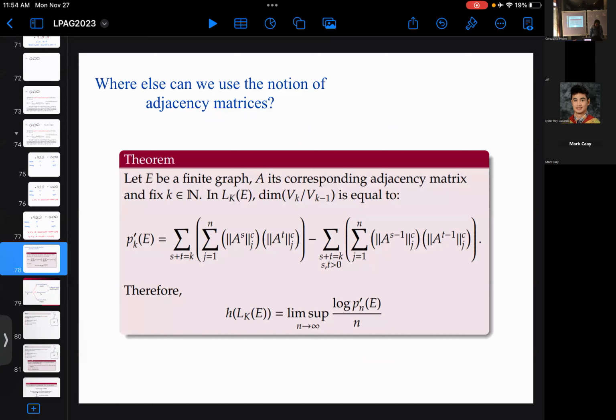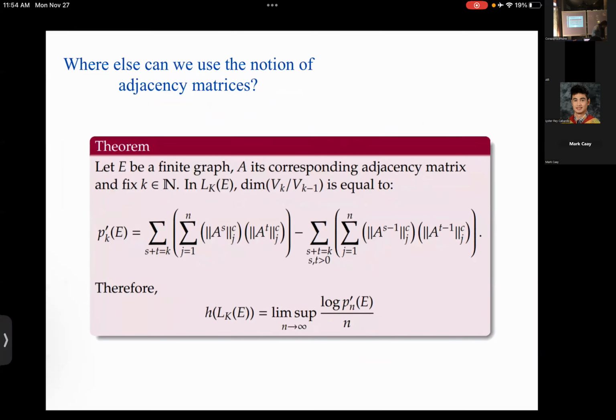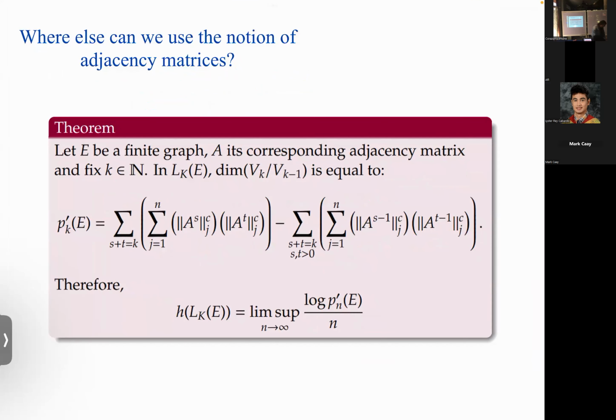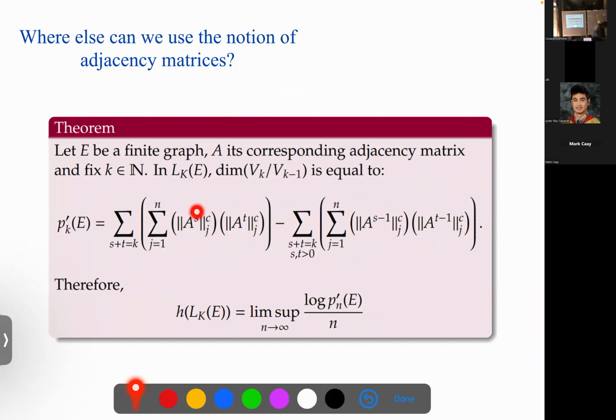So that's why you see the superscript C here. I was surprised, wow, there's a norm for that. No. Okay, I will explain what this is. A to the S is your usual S exponent of your matrix.